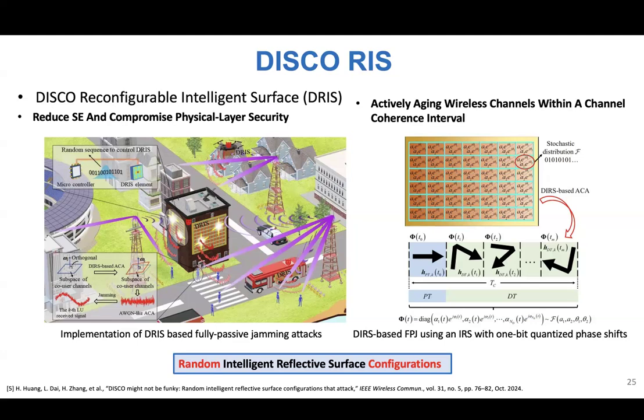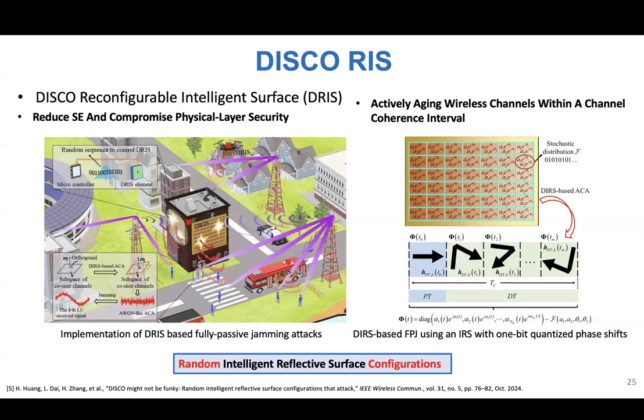Here we try to use this RIS to improve the physical layer security. The reason is that for physical layer security, the problem is that I don't know the location of my eavesdropper, right?